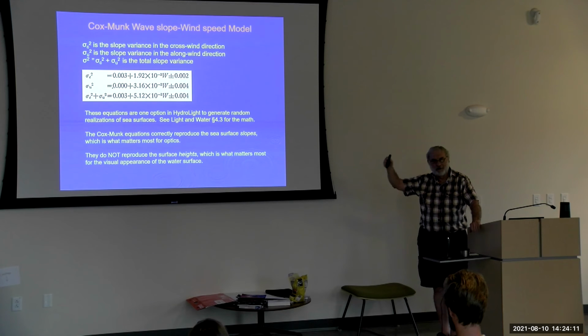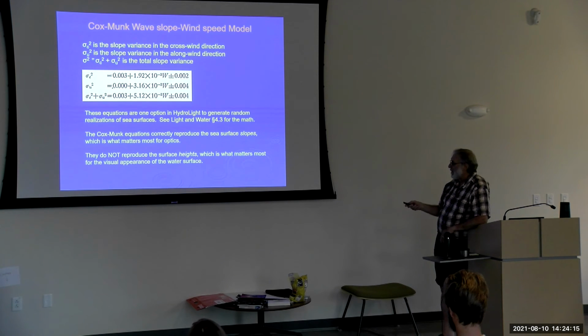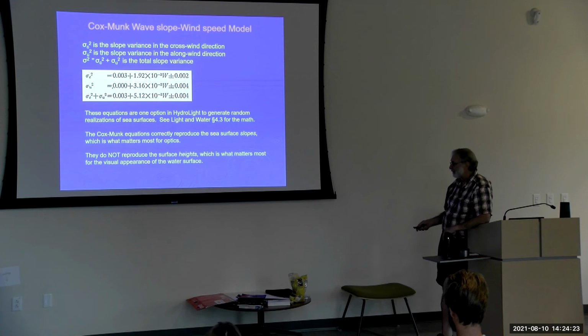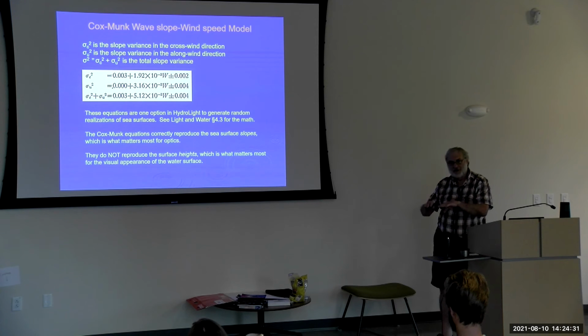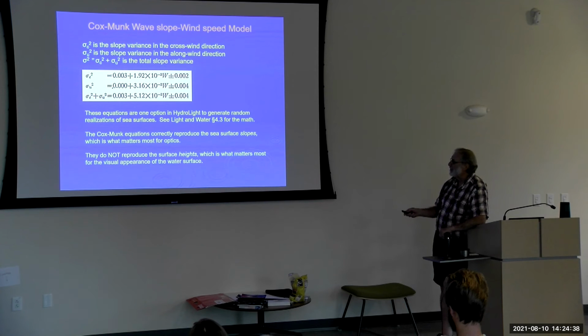Sometimes they use 12.5 meters, but anyway, you read that in a paper. But they came up with these really simple little equations that relate the statistics of the slope of the surface to wind speed. And these actually do a really good job of generating sea surfaces that you can use to then do Monte Carlo ray tracing to compute reflectances and transmissions of the surfaces.